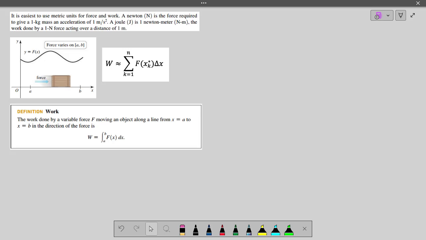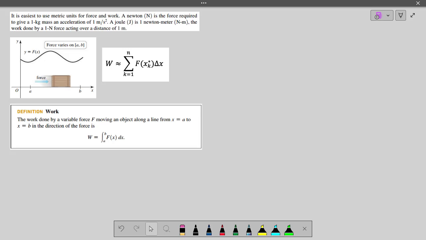And if the force is in the direction of motion, work will be positive. So if you imagine driving your car, when you're slowing down, the work is going to be negative because you're moving forward and you're applying the brakes. That force is in the opposite direction. So the work in slowing down is a negative number. Okay, but in general, if the force is in the direction of the motion, then you're going to have positive work.